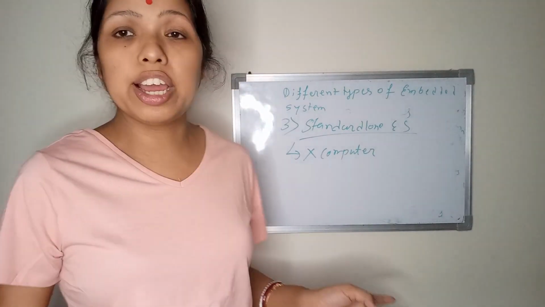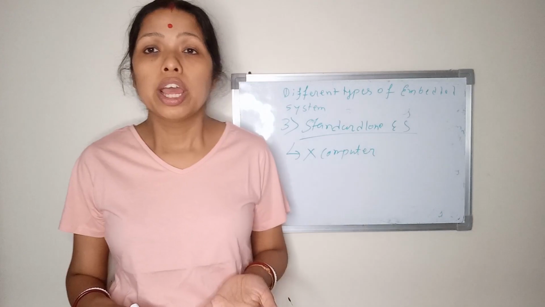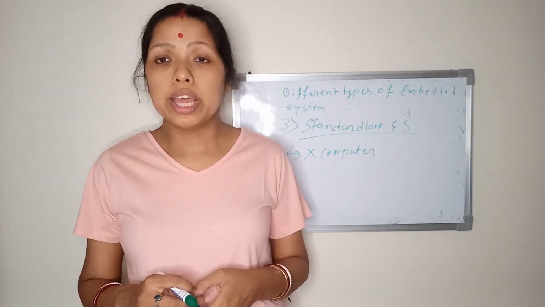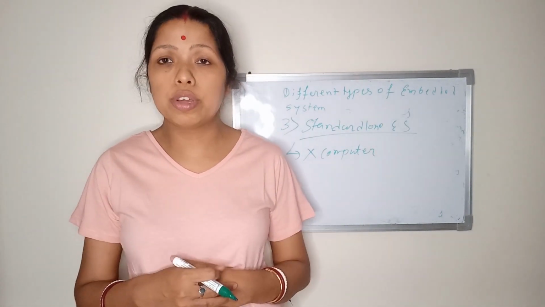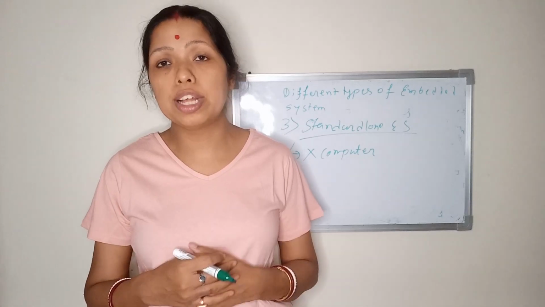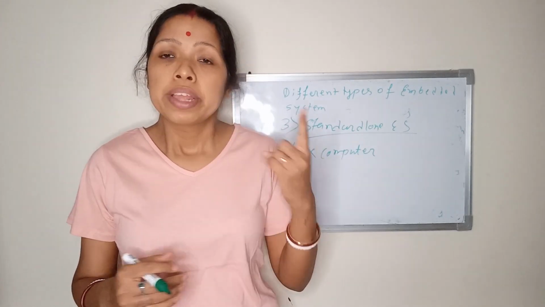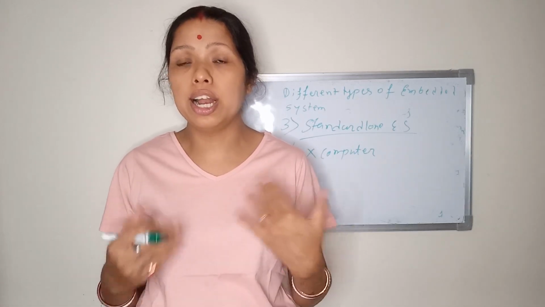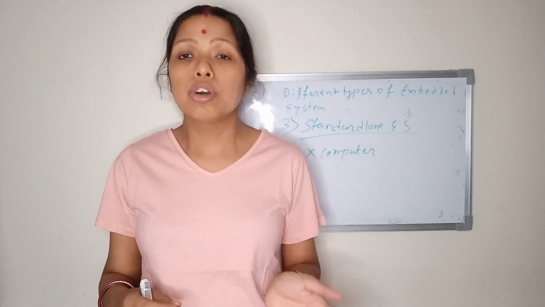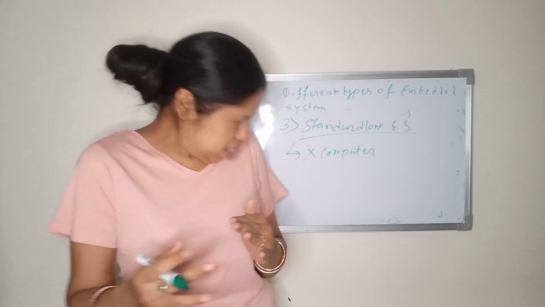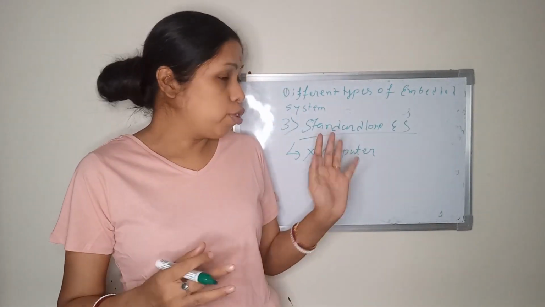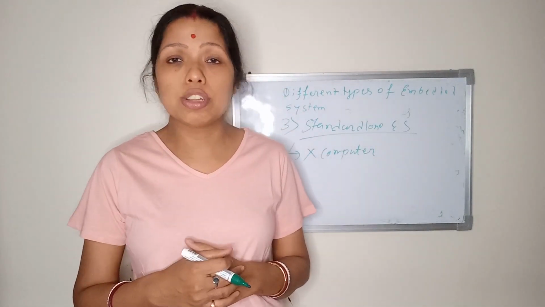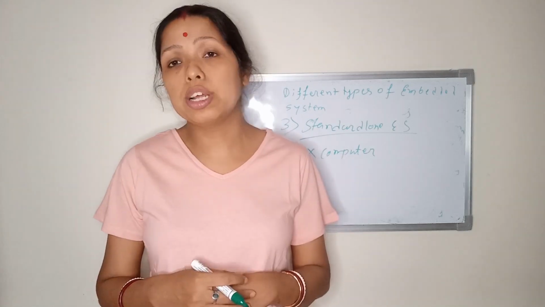What are the examples? I already told you: washing machine and microwave come under embedded systems. You don't need any kind of computer for implementing such a standalone embedded system.